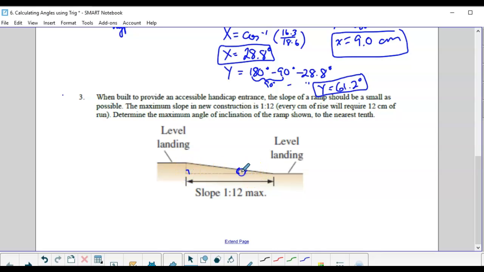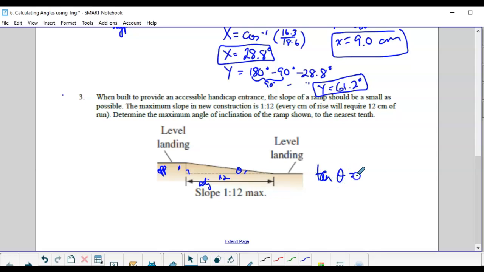Okay, so a slope, this means this needs to be 1 for every 12 horizontally. Now it might not be 12 feet and 1 foot, it might be 12 inches and then 1 inch and then another 12, etc. But that's the ratio. So now this is the opposite side, this is the adjacent, so we're going to use tan.